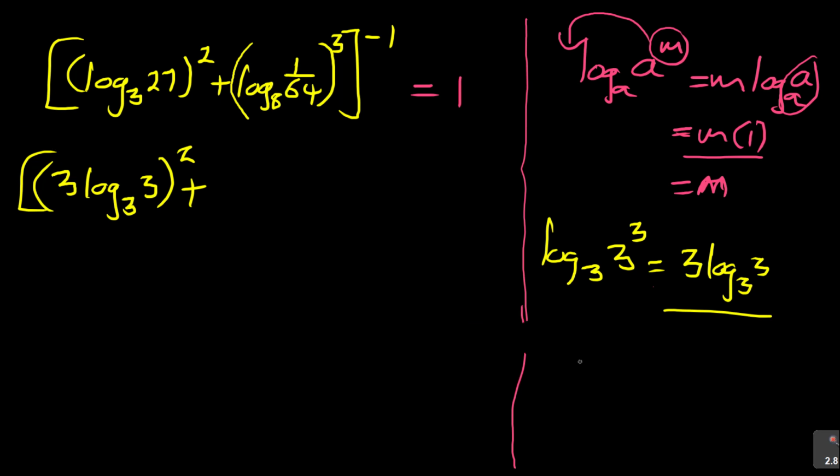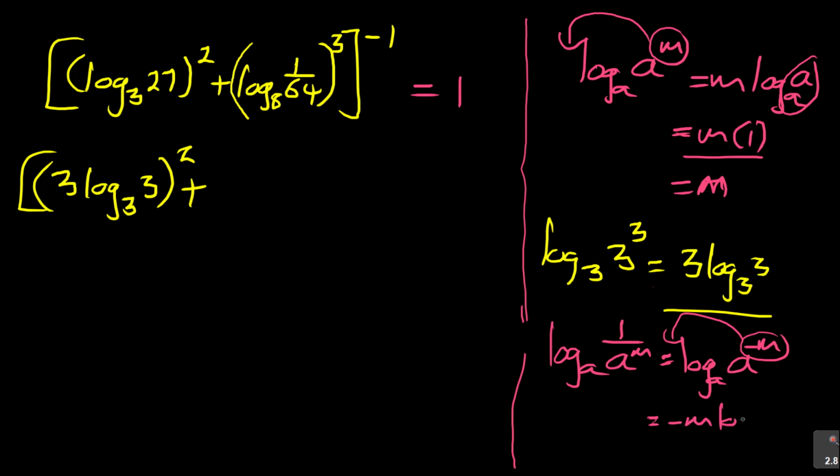You have got log in base a of 1 over a to the power of m. Now you can take this to the top, remove that fraction, it becomes log in base a of a to the power negative m. Then take this negative m to the other side, it becomes minus m log base a of a, which is equal to minus m times 1. So that's what I'm going to do here.